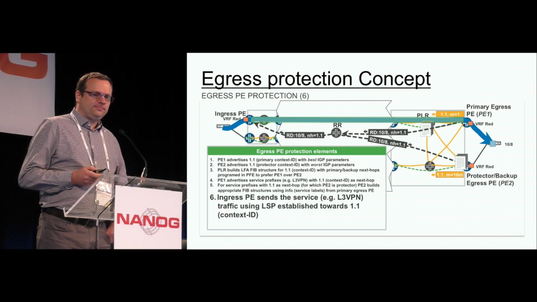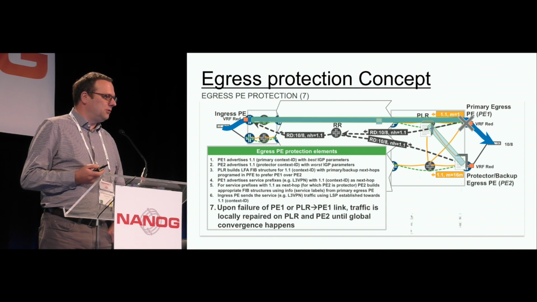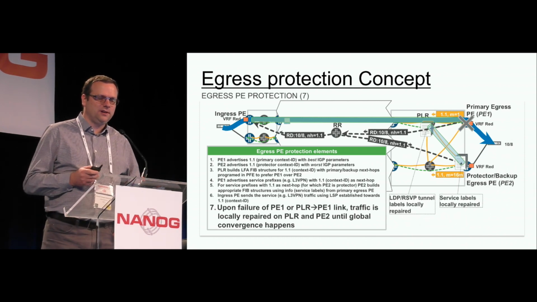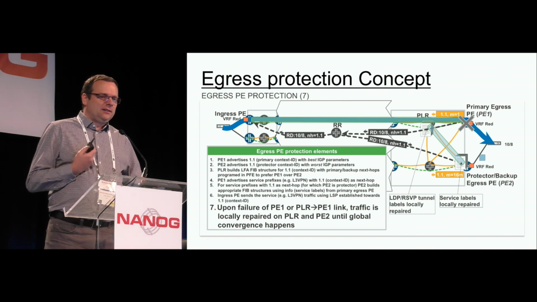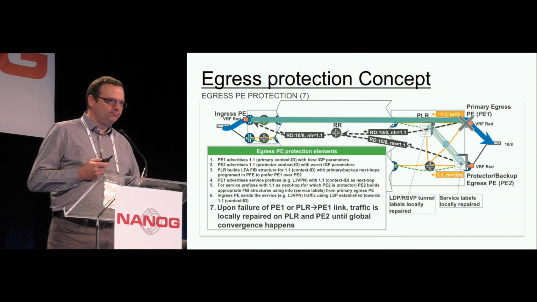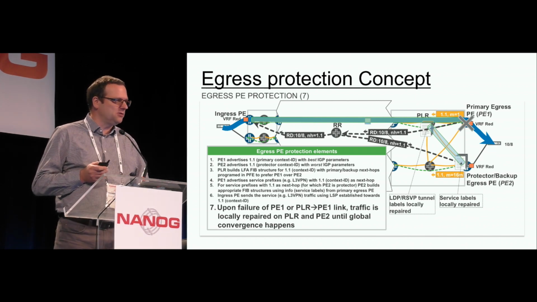And now some failure happens on P1. P1 failed, a line card failure, for example, or a complete failure of P1. The traffic still flows. The ingress PE still doesn't know that something happened, so it still sends the traffic over the same LSP as previously.